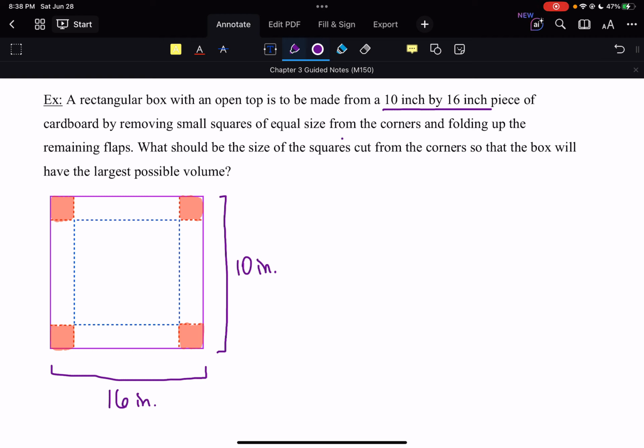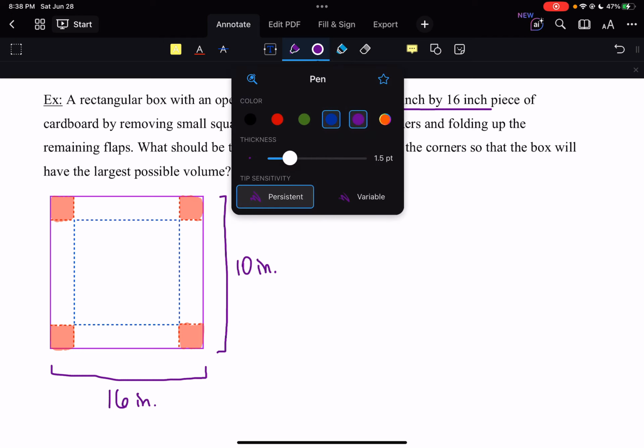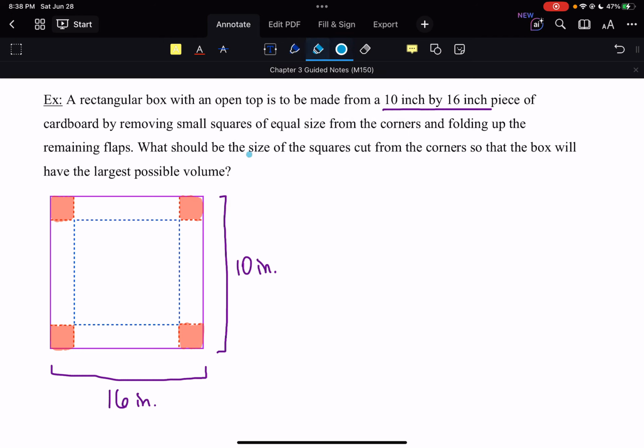We know that the cuts are going to be squares. So it's asking what should be the size of the squares. That's what it's asking for, so that we will have the largest possible volume. So we're trying to get the volume of the box once it has been folded up. And so we're looking at these lengths here. In terms of the box, we'll call this one the length and this one the width.